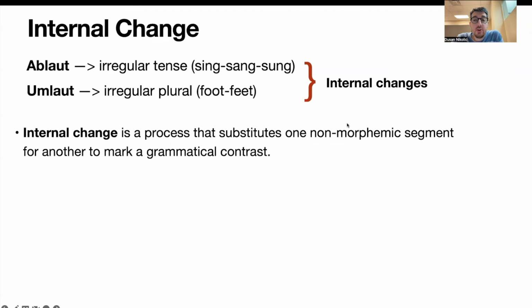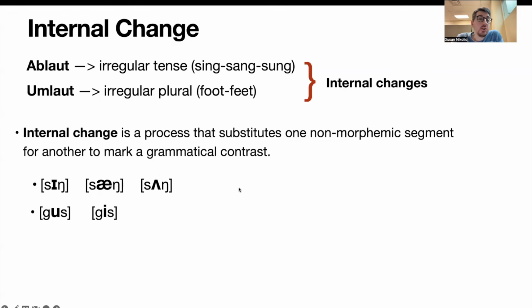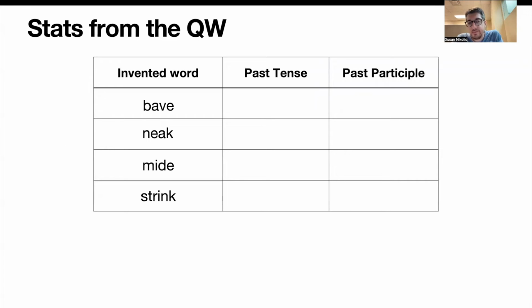It substitutes one non-morphemic segment for another. So there is a non-morphemic segment such as e, a, or u. They have no meaning. They're not morphemes. They're just vowels. And they make a grammatical contrast. So this was internal change, ablaut and umlaut.